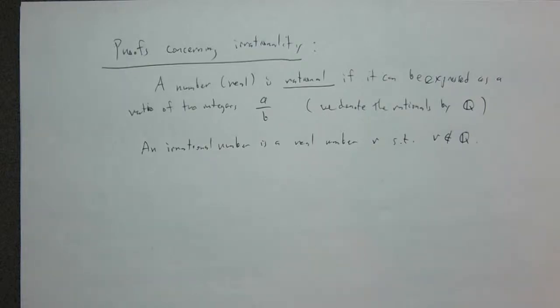So I could define my set Q to be the list of these fractions in lowest terms, with the understanding that I have this equivalence relation that equates fractions that have the same expression in lowest terms. So that's one thing that I could do.